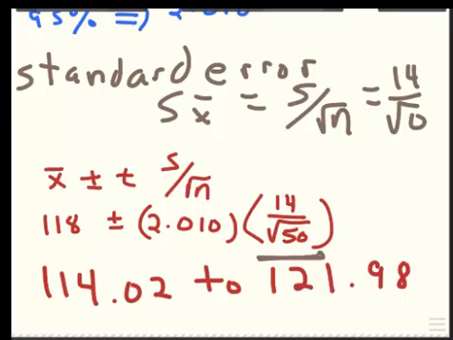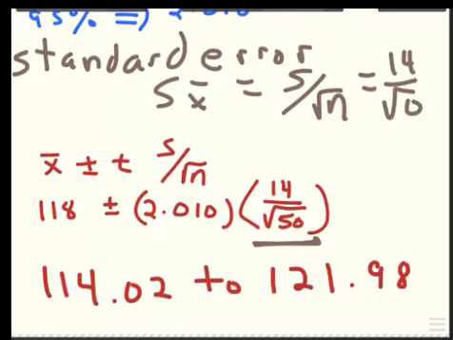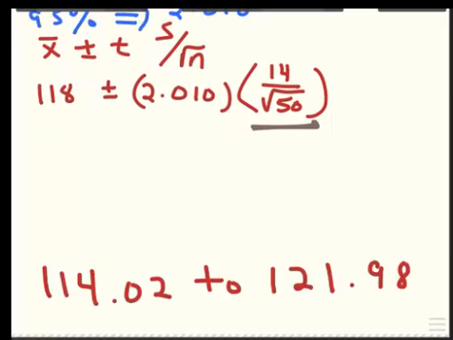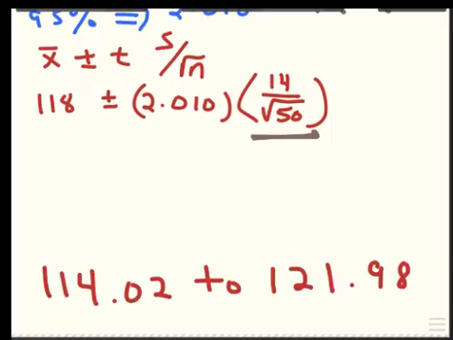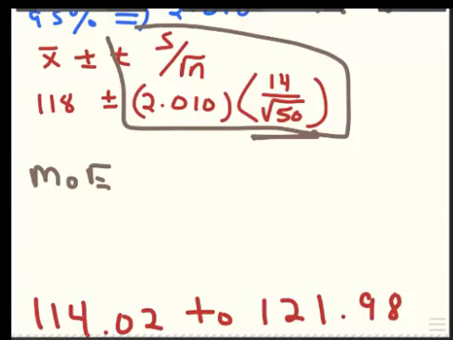On the other hand, if a problem asks you for margin of error, then it's equal to all of this stuff on here, the t times s divided by the square root of n.